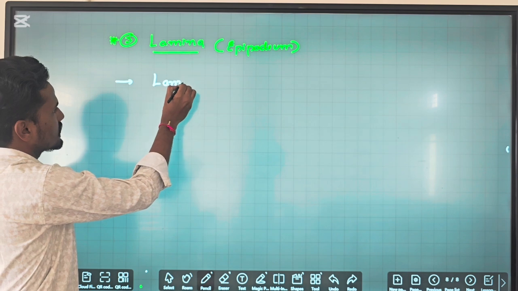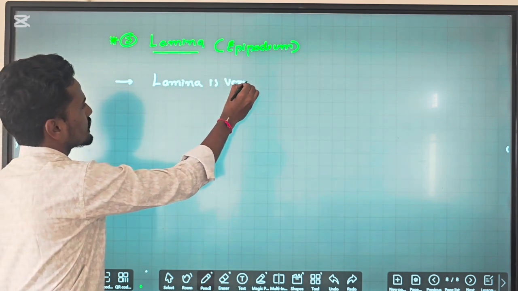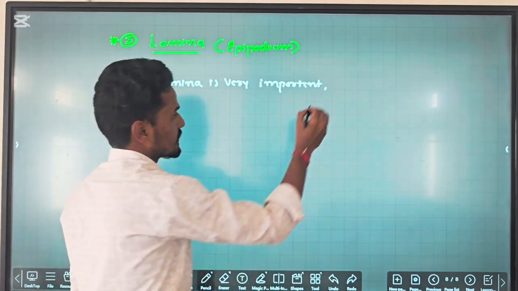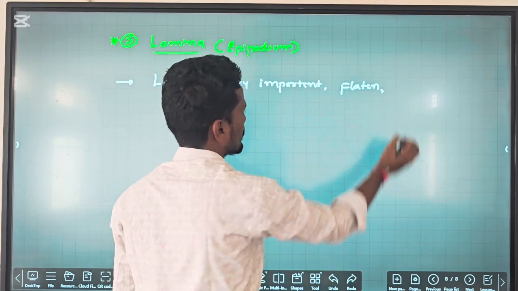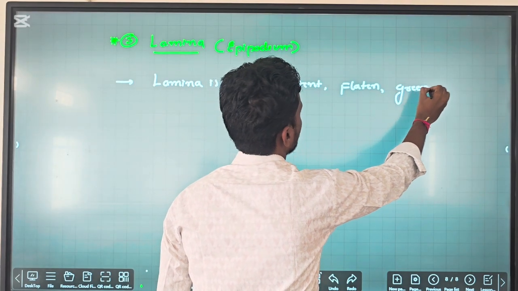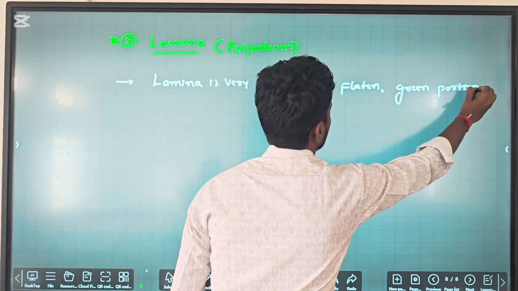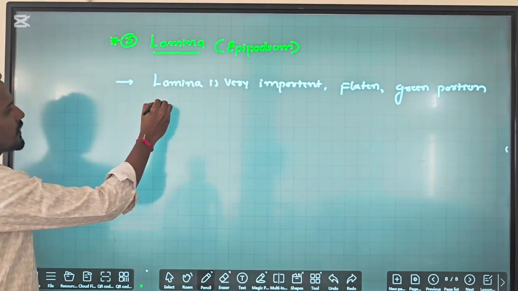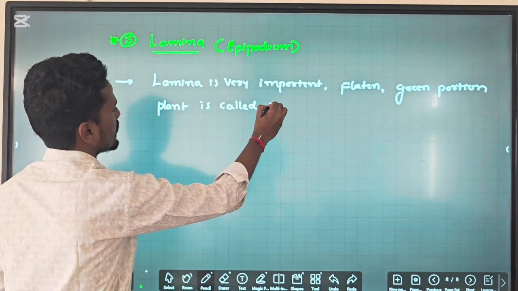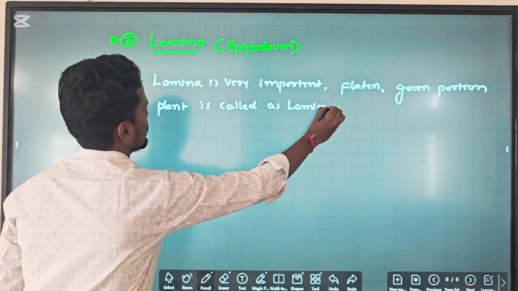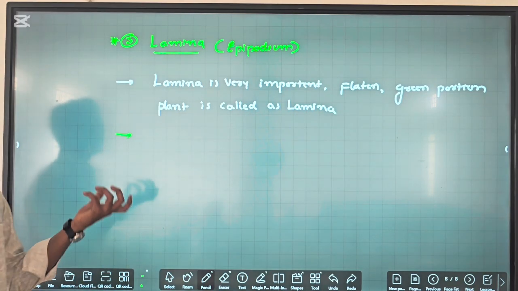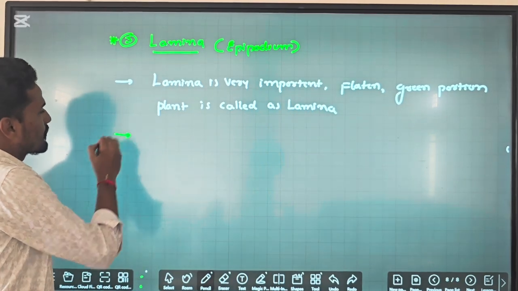The lamina is a very important, flattened green portion of the plant. The flattened green portion of a plant is called lamina.